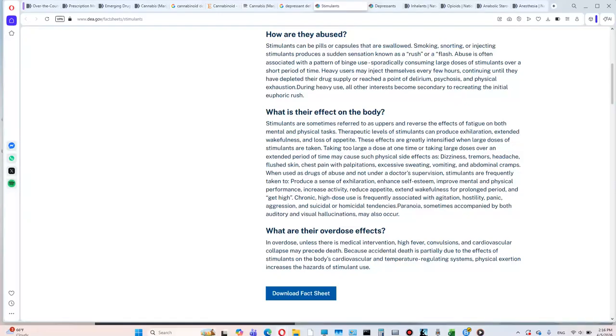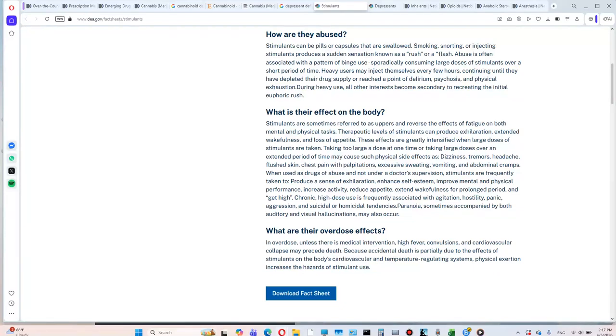Taking too large doses at one time or taking large doses over an extended period of time may cause such physical side effects as dizziness, tremors, headaches, flushed skin, chest pain with palpitations, excessive sweating, vomiting, and abdominal cramps.